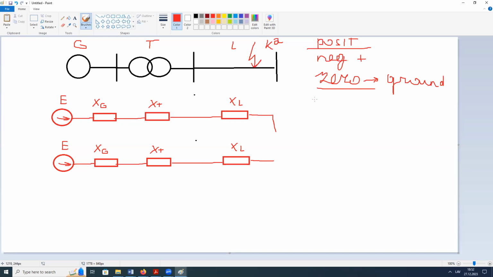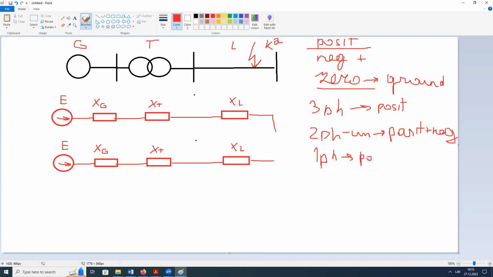So let's make a table, maybe. We have a three-phase fault. It is symmetric. It means that we have only positive sequence. We have a two-phase fault, unsymmetric. It means if we have an unsymmetric fault, there is always a negative sequence. So it means positive plus negative. And if we have a one-phase fault, it means it is connected to the ground and it is unsymmetric as well because of one phase.